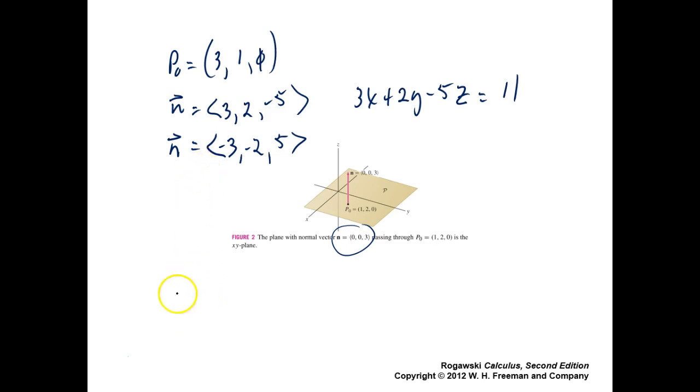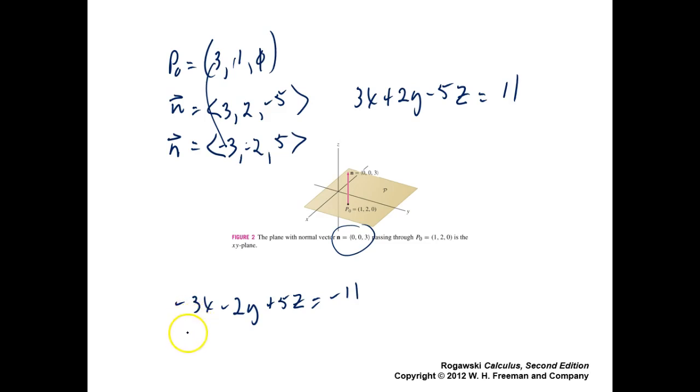Its equation would also be -3x minus 2y plus 5z is equal to, and then what would we do there? We would dot these two together, -9 minus 2 more is -11 plus 0 equals -11. That's the same equation.